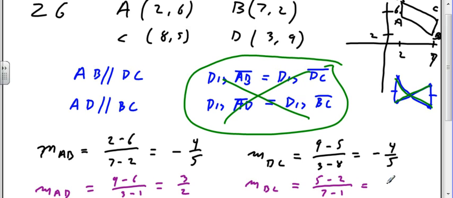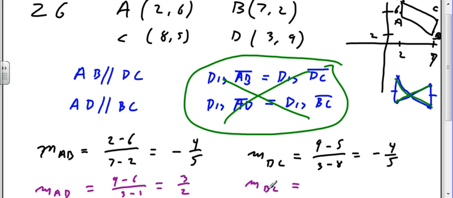Okay, so that looks like 3/6. All right, what am I doing wrong? I don't know. I have no idea.